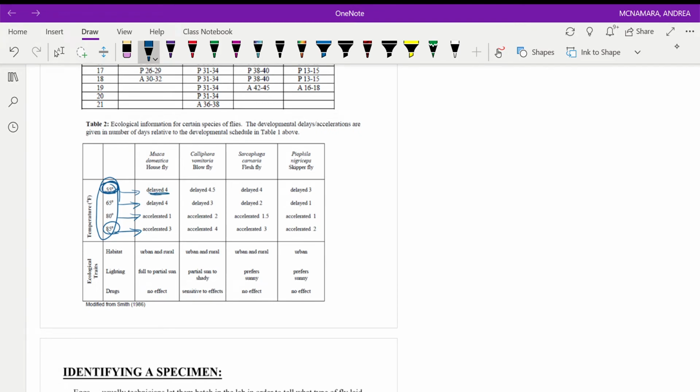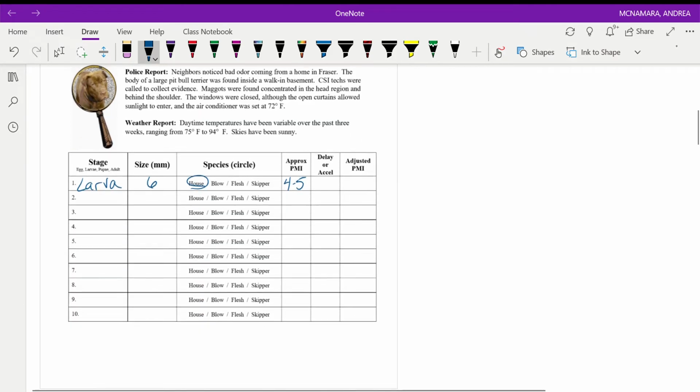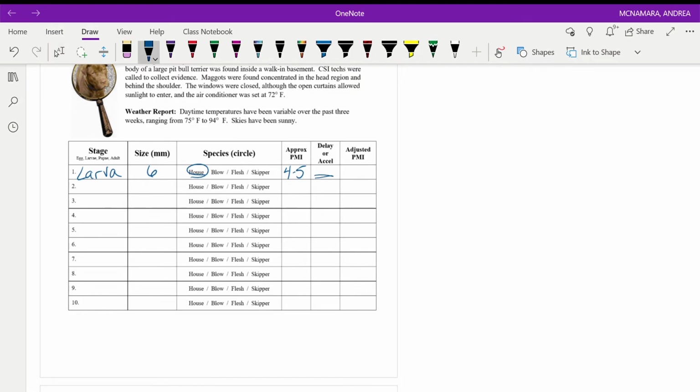Delayed 4 days means that I'm going to add 4 days. If it were 85 degrees in the setting, then their growth is accelerated by 3 days, which means I'm going to subtract 3 days from whatever time I got. I'm going to leave that to you to see if you need to do that. You can put that in here and then give me an adjusted PMI.